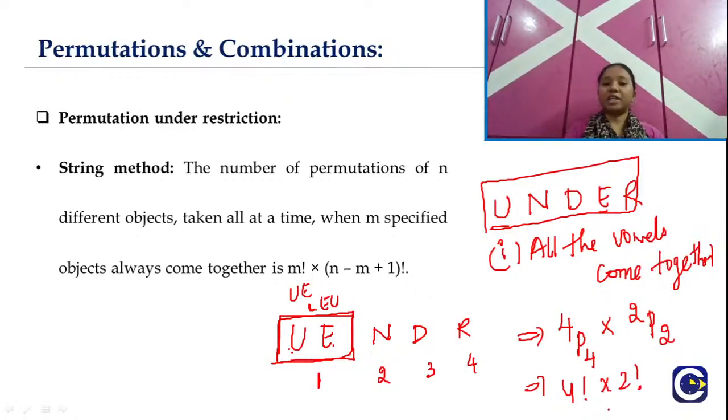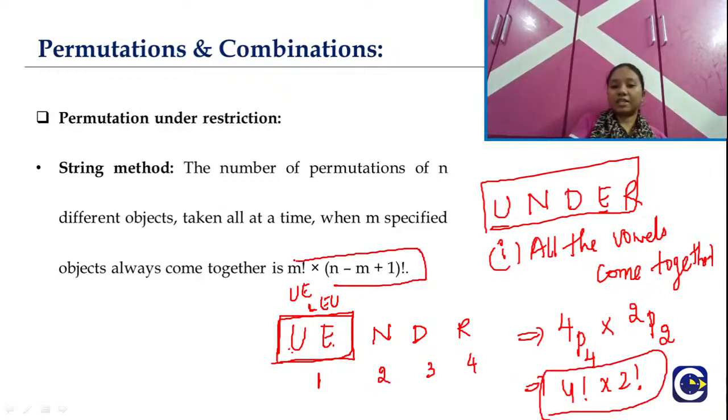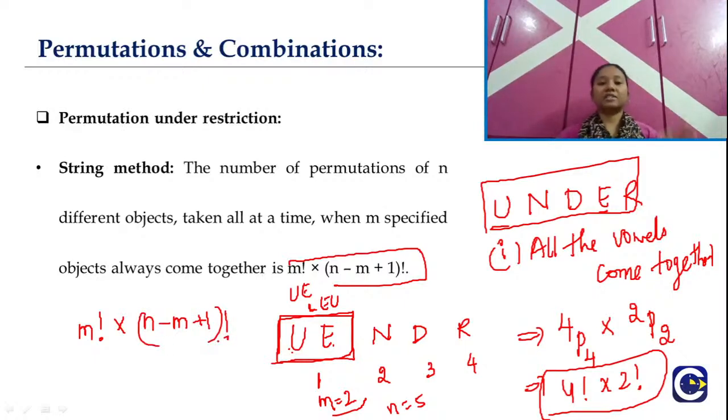Right, so it actually adds to our formula. If we have m objects that always come together, here m is 2 and n is 5, the formula will be m factorial into (n minus m plus 1) factorial, where n is the total number of different objects and m is the number of objects that have to come together always.